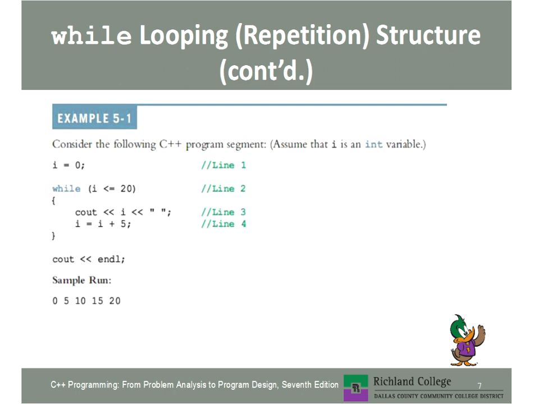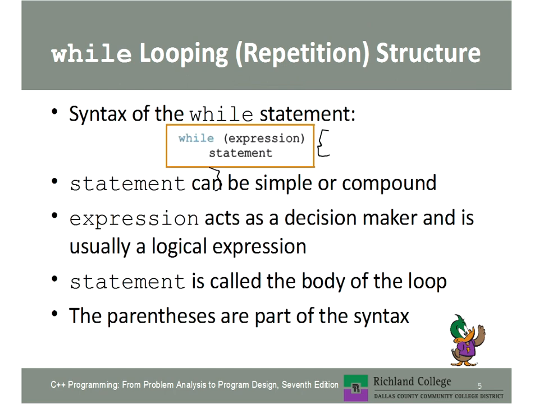So you need to initialize the loop control variable, which is priming it. Then we're using the loop control variable to check if we exhausted the loop count. And if not, then we execute the loop body. And in this case, we add 5 to the loop control variable, and that is our update. In this case, we are going back into the loop to check if I is less than or equal to 20. And here you can see the sample run.